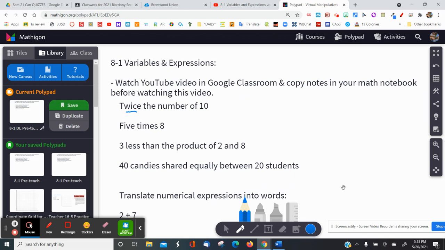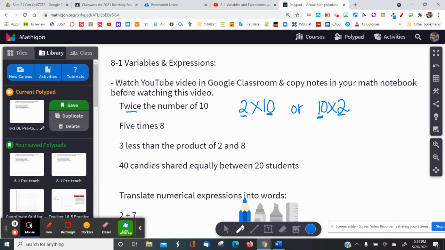So if I were to write this in a numerical expression, I could say 2 times 10 or 10 times 2. That means the same thing. So twice the number of 10, or 10 two times, means the same thing.